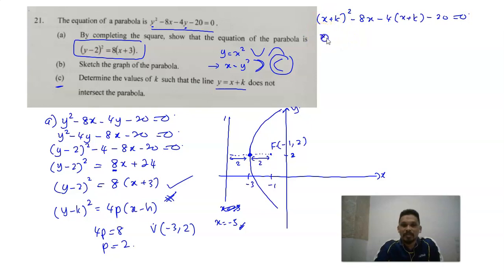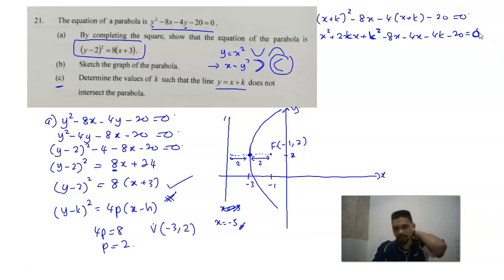So expand this: x squared plus 2kx plus k squared minus 8x, minus 4 times x, minus 4x, minus 4 times k, minus 4k, minus 20 equal to 0.